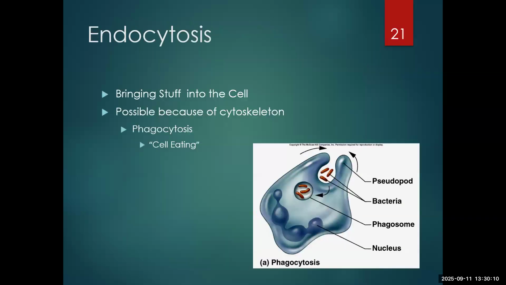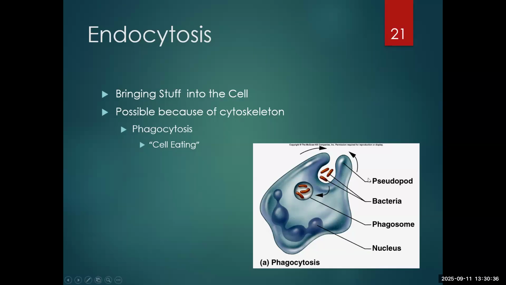It requires energy. Another example of active transport that we briefly mentioned the other day is phagocytosis. This is a form of endocytosis, which means bringing things into the cell. But specifically, phago, that root word means eating. So this is literally the cell engulfing things and pulling them into itself.